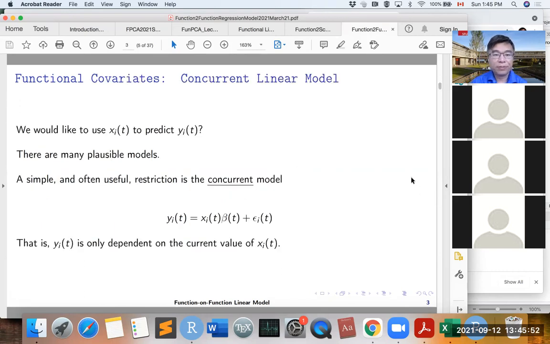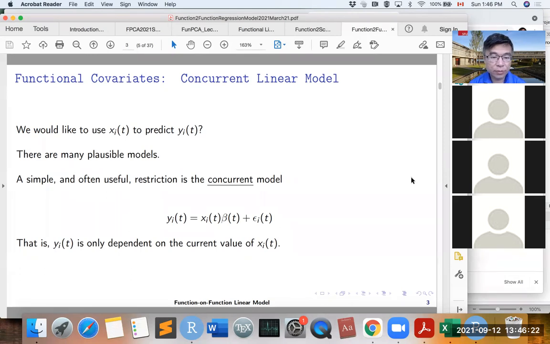Okay, so for this scenario, we actually also have two cases to study. The first case is what we call a concurrent linear model. So basically here we will predict the Y_i(t) based on the current values of the covariate X_i(t).